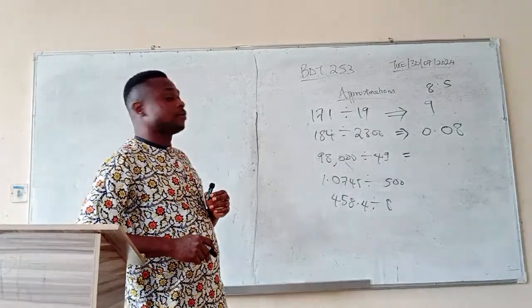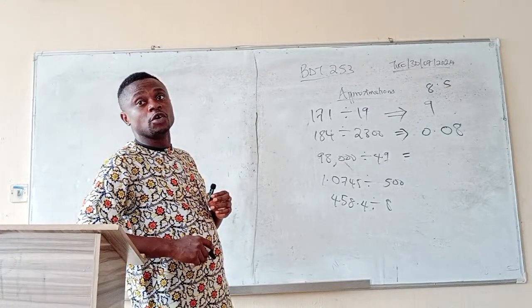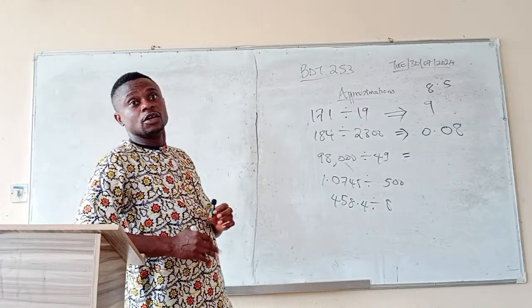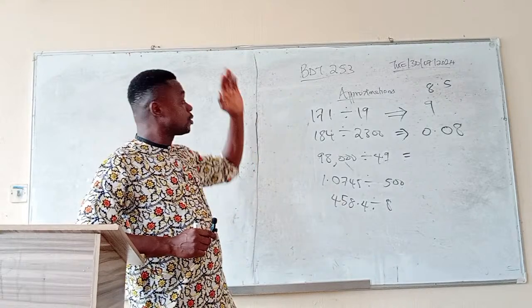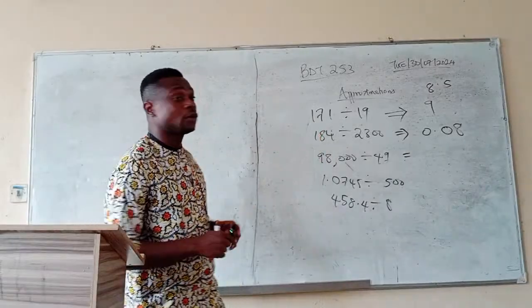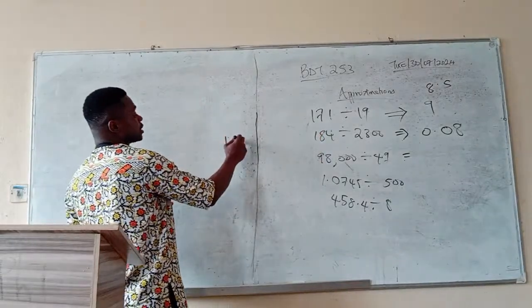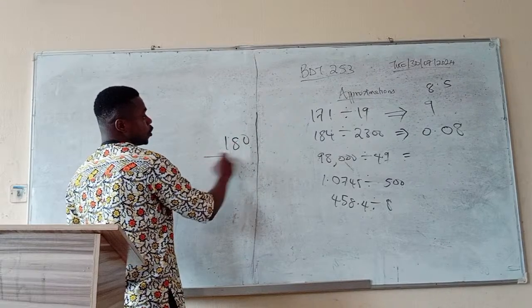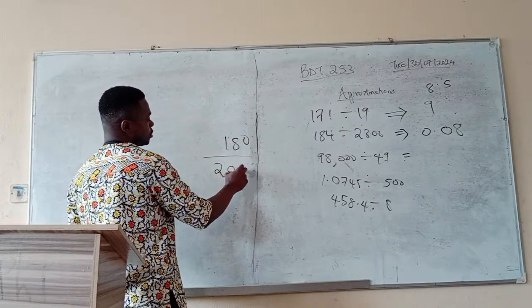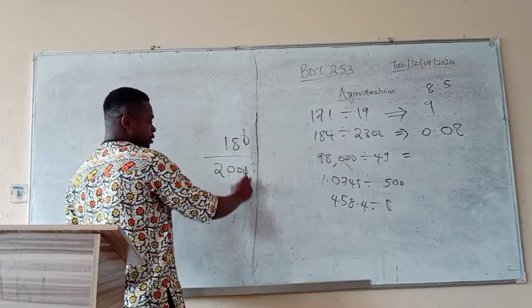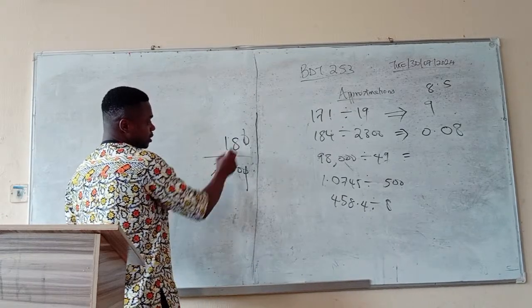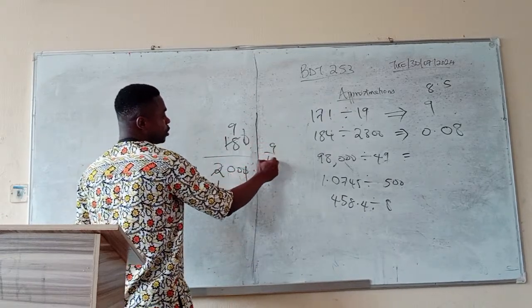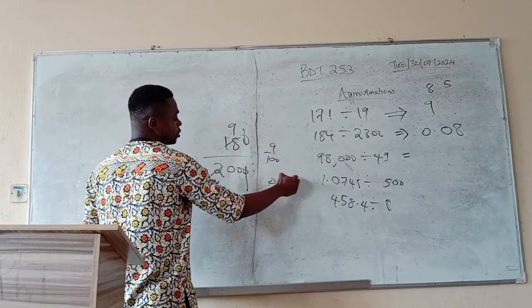Now look up. Are we together? Approximation. This is 180, right? Over what? This 18 over what? 2,000, which is 0.09.